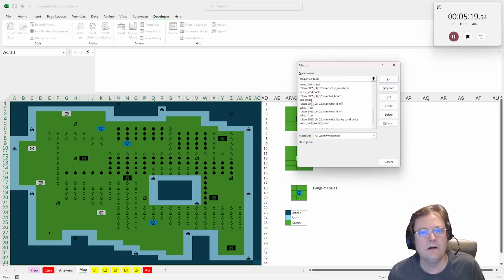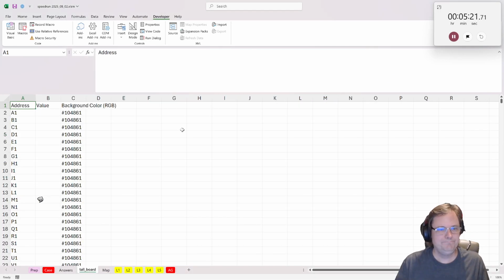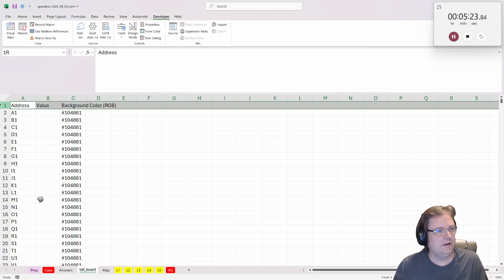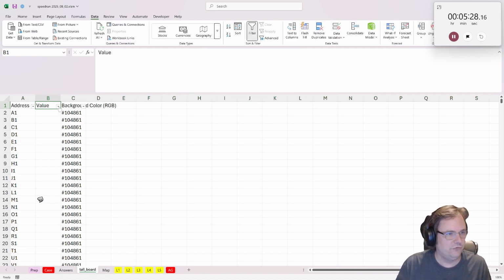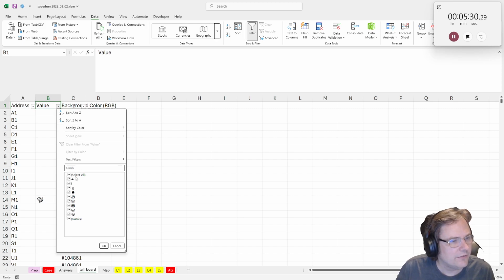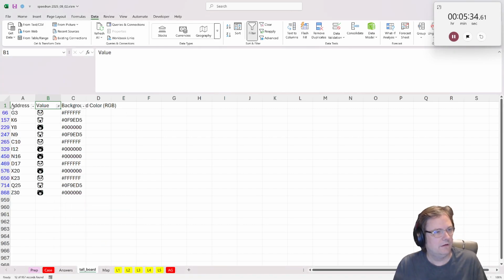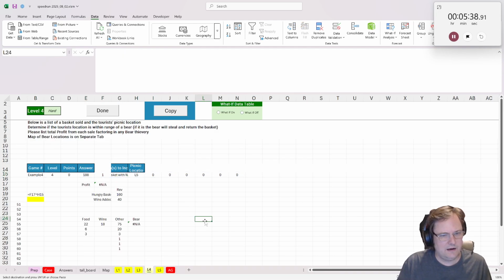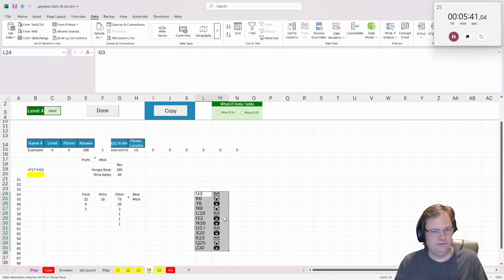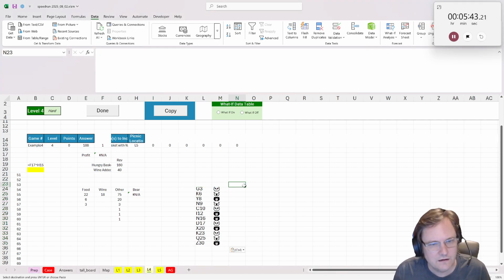It is called tallboard. It just turns the board into calls for everything. And the only ones that I care about here are the bears. So there's the bears and there's their addresses. So now I have the bears and their addresses.